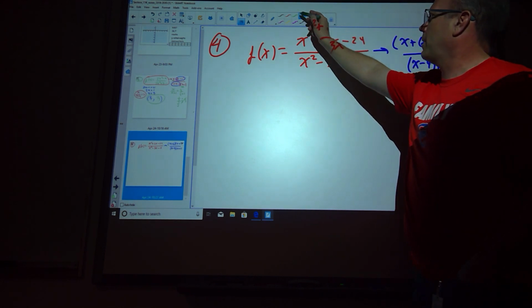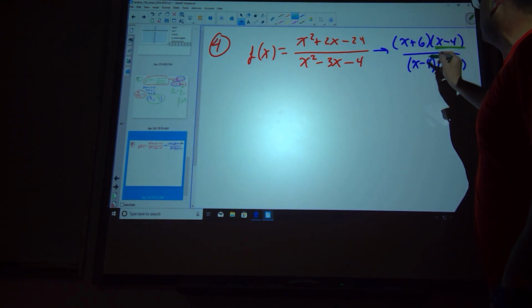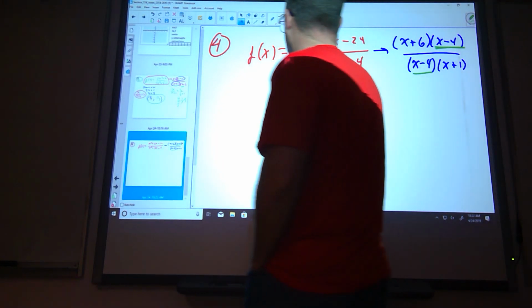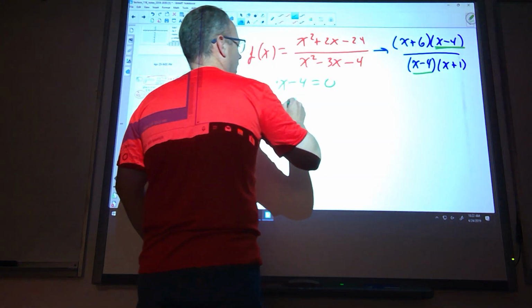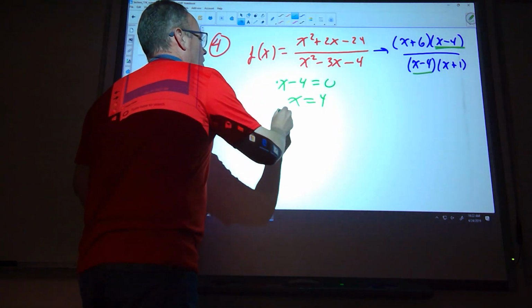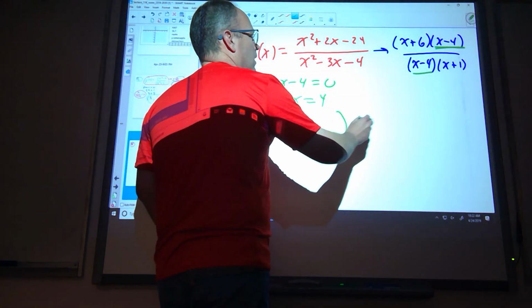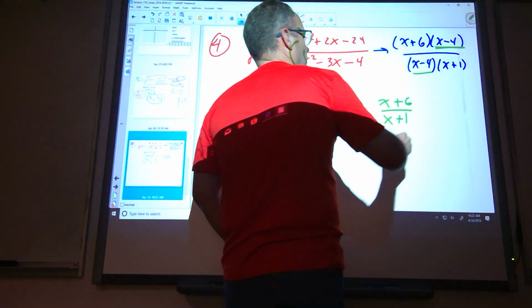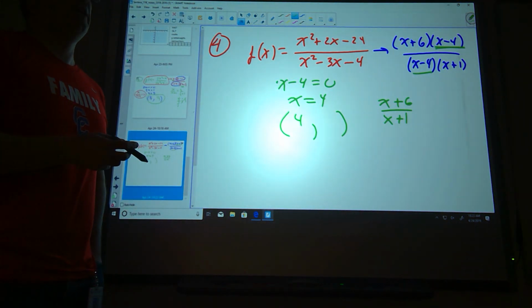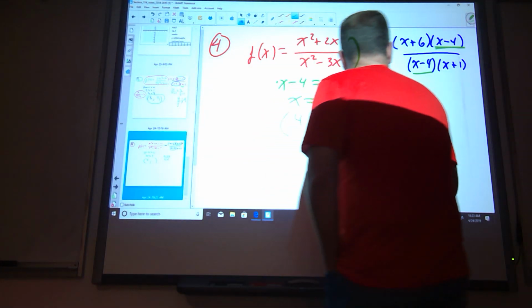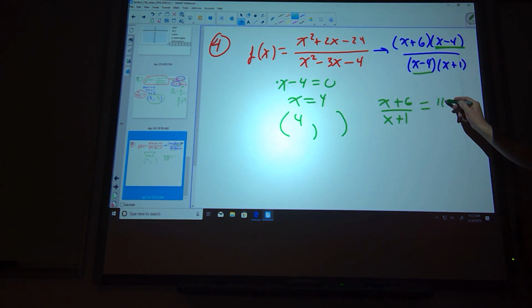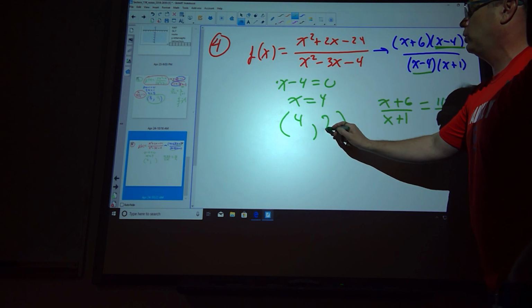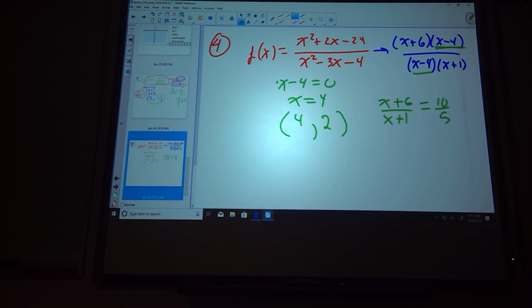So the x minus 4s are shared between the top and the bottom. Set x minus 4 equal to 0. x equals 4. So at 4 comma something. We take what I have left and plug 4 into that, because if you plug 4 into the original, you'll get an undefined term. So that's going to give me 10 over 5. So at 4 comma 2, we would have a hole.